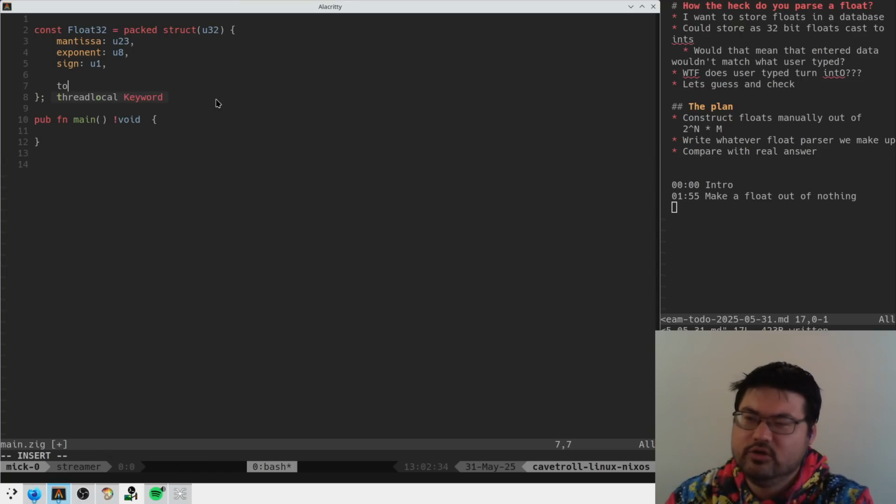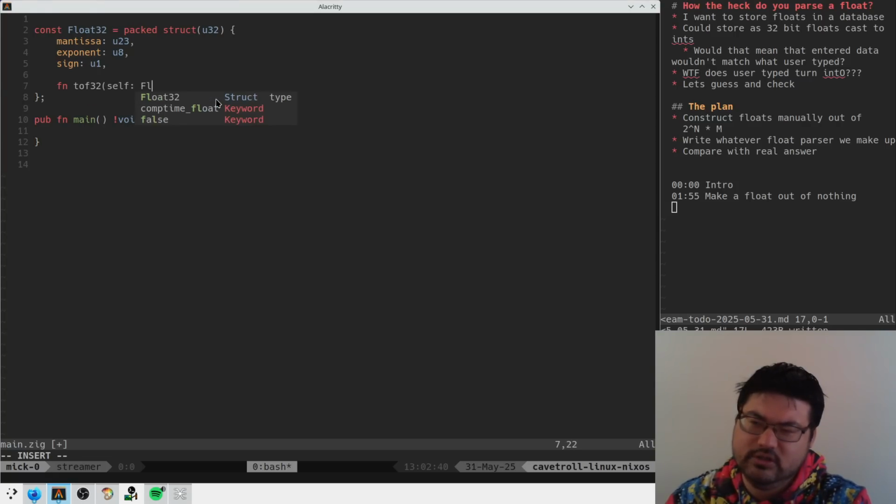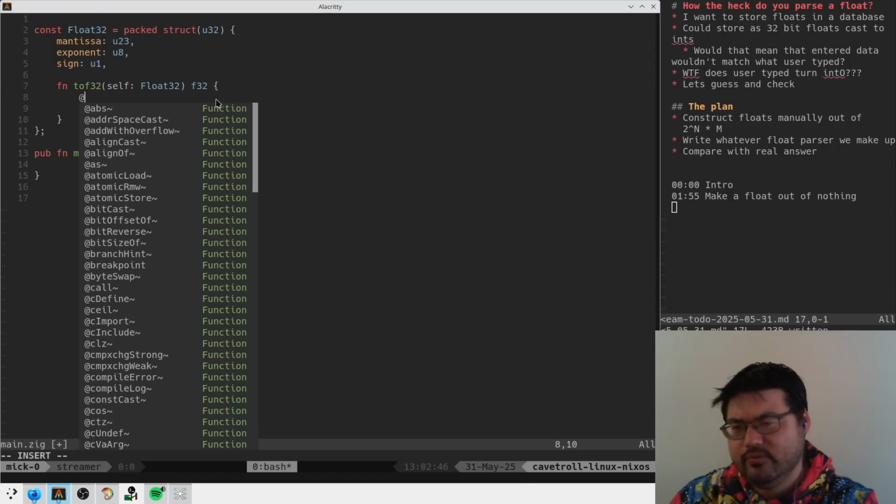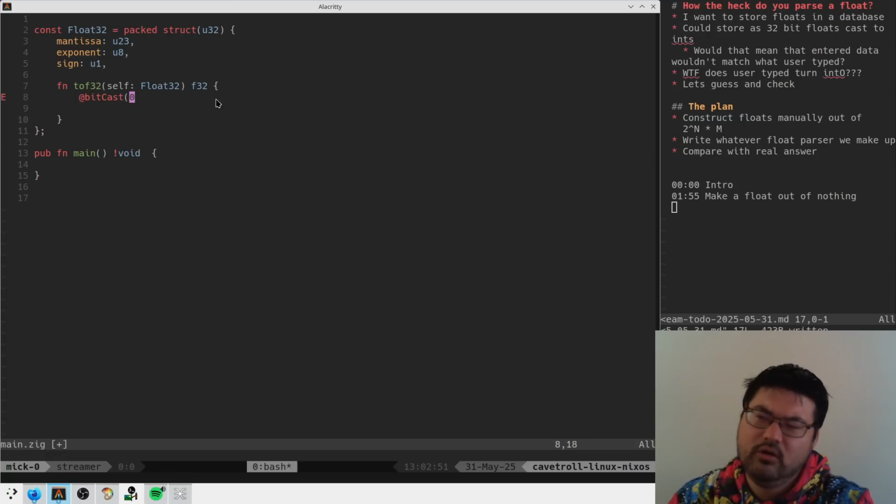Okay, so let's just start. Let's say toF32. This takes self as a Float32 and returns an f32, the Zig internal representation of that thing. We probably just do a float bitcast, I think. Yeah, we can probably just do this, right?